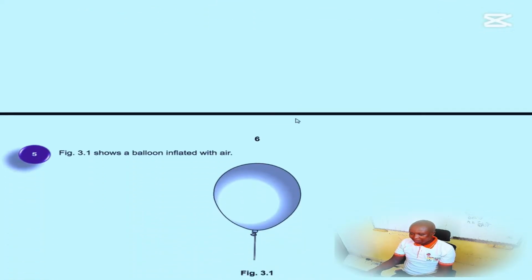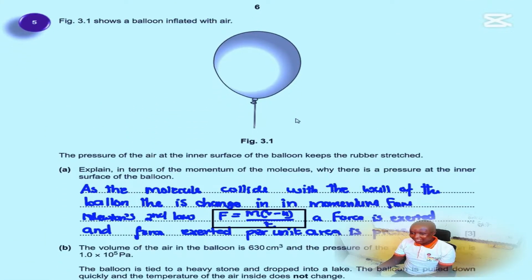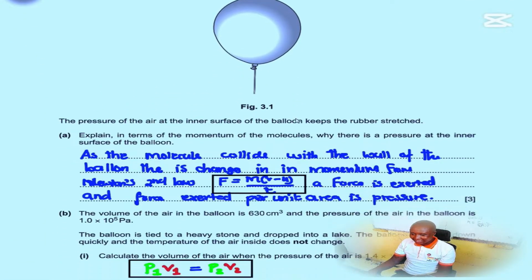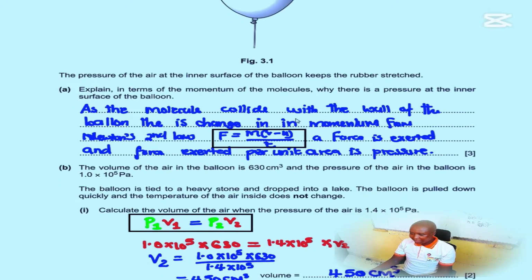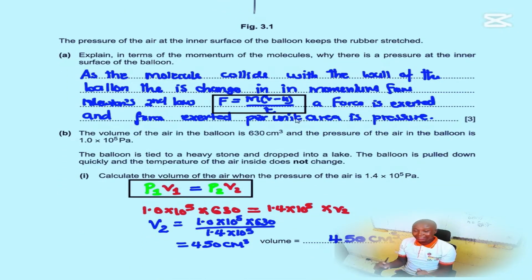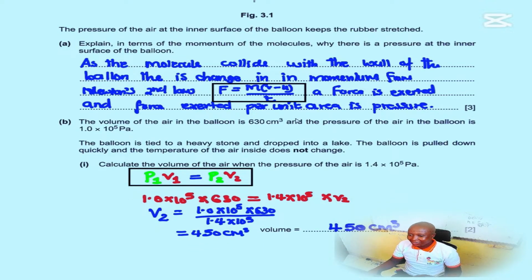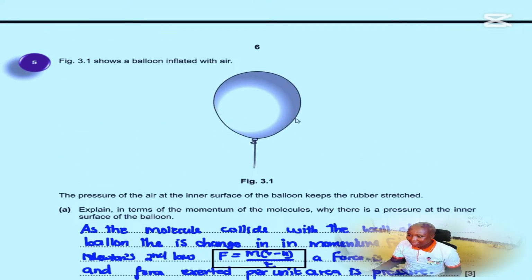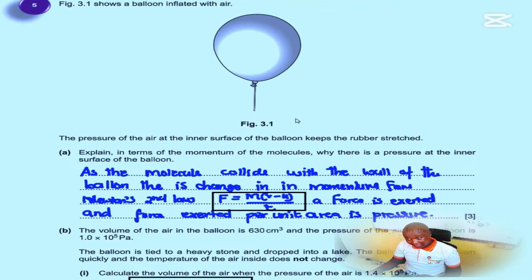All right, moving down to question number 5, let's see the kind of question that was asked. Again, it is a question from pressure, but a different concept approached differently. The question says we have a balloon inflated with air, meaning we have air particles.